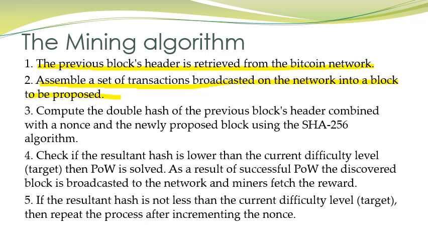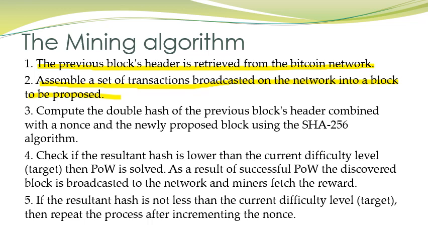These fields are assembled together, and from them the hash value is calculated, and that hash value should be less than the difficulty target. And if that hash value is less than the difficulty target, that means the proof of work puzzle is solved.